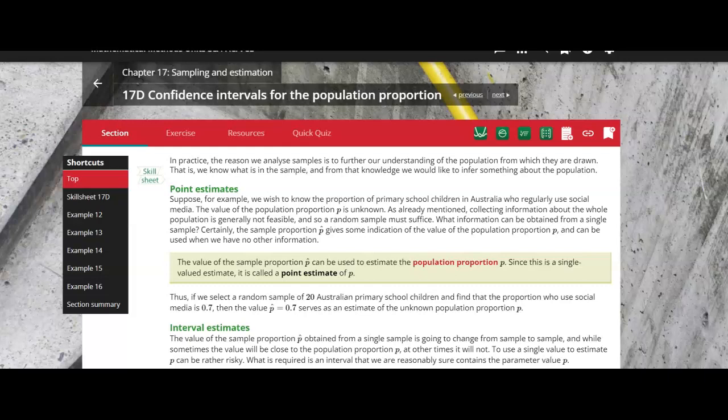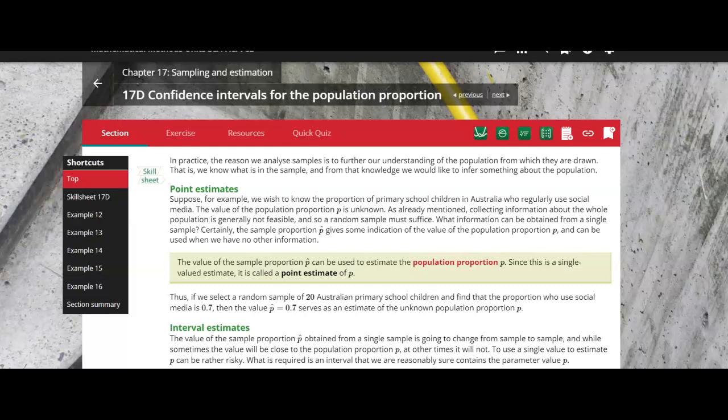So the example that the textbook gives you, you might want to know the proportion of primary school children who regularly use social media. So we don't know the population proportion p, but collecting information about the whole population is not really feasible, so a random sample must suffice.